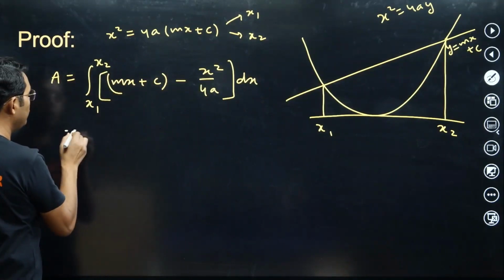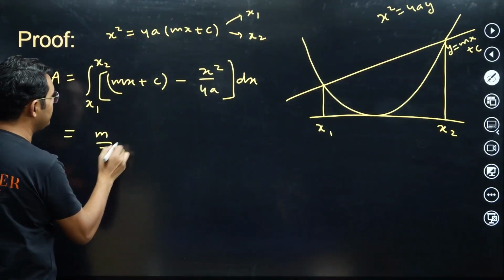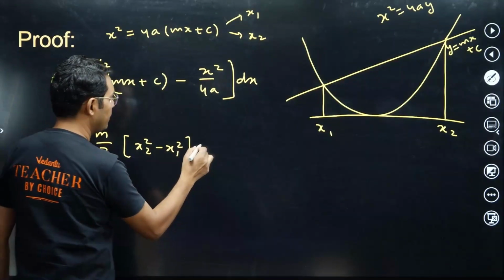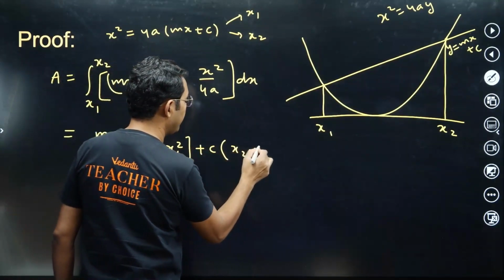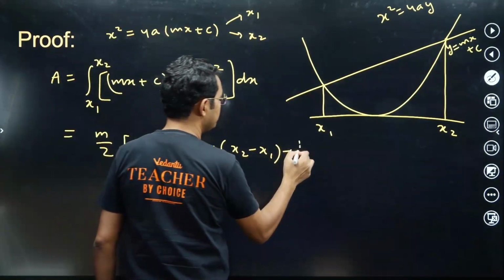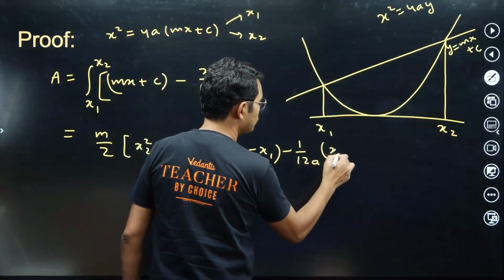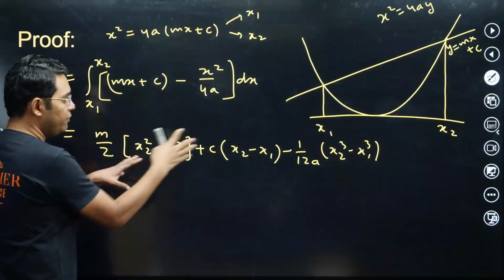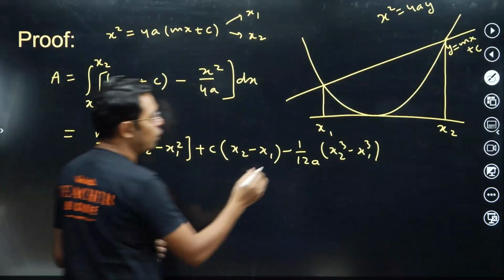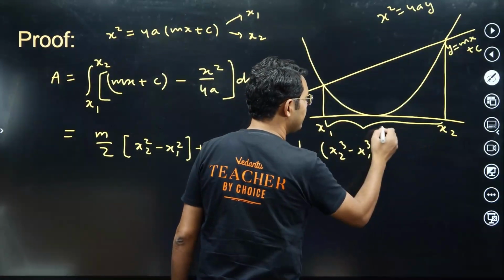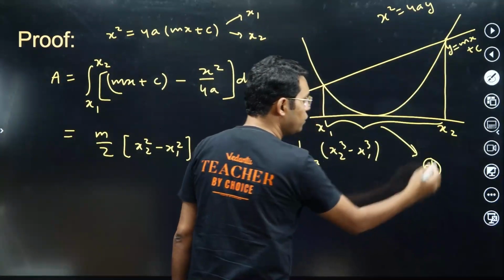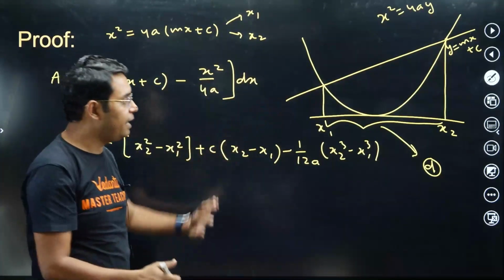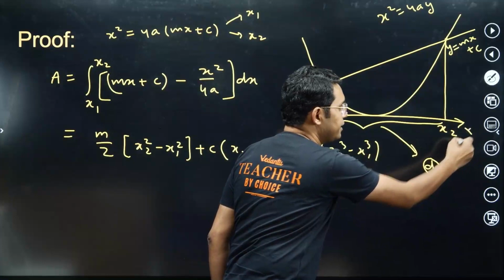Now if you do the integration and you start putting the limits, you will be getting like this: m by 2 into x2 square minus x1 square plus c into x2 minus x1 minus 1 upon 12a into x2 cube minus x1 cube. Now you can see from every term x2 minus x1 is coming common. In fact, x2 minus x1 is that length d which I talked about in the previous slide. It's the length of projection on the tangent at vertex, which in this case is the x-axis.